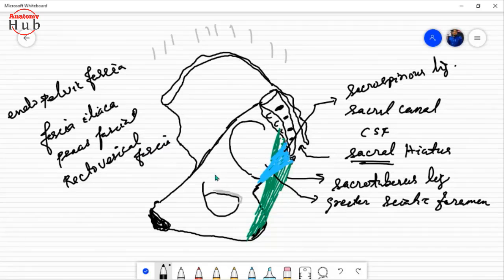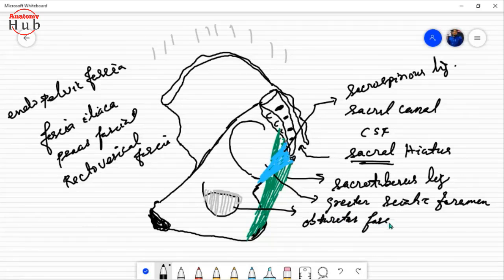Like that, when it descends downward, at the obturator foramen it becomes the obturator fascia. This obturator fascia covers the obturator foramen like a membrane sheet. This membrane sheet is known as your obturator membrane, and this obturator membrane is nothing but fascia. Which fascia is that? Obturator fascia.